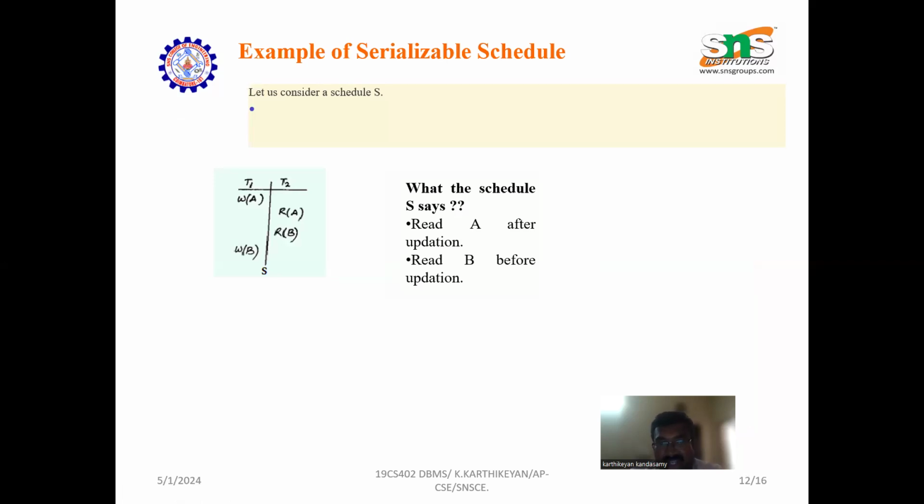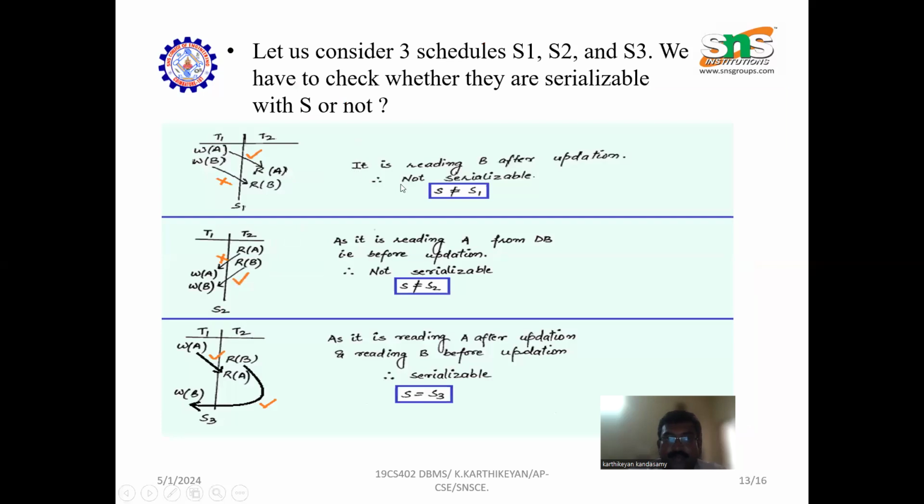Read A after updation, read B after updation. So first let us consider three schedules S1, S2, S3. We have to check whether they are serializable or not. First I have W of A and W of B available. First the write completes, then read of A can be done. So the condition is satisfied. After W of B, a read of B can be done.